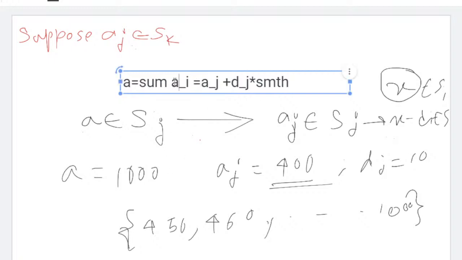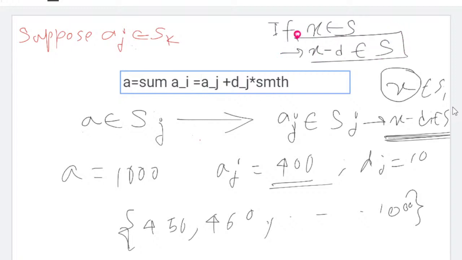I mean, this just looks so useful. Can we just prove this? Is this probably true? What you were suggesting is, suppose X belongs to one of the APs, then X minus D also belongs to that AP. Is that true?